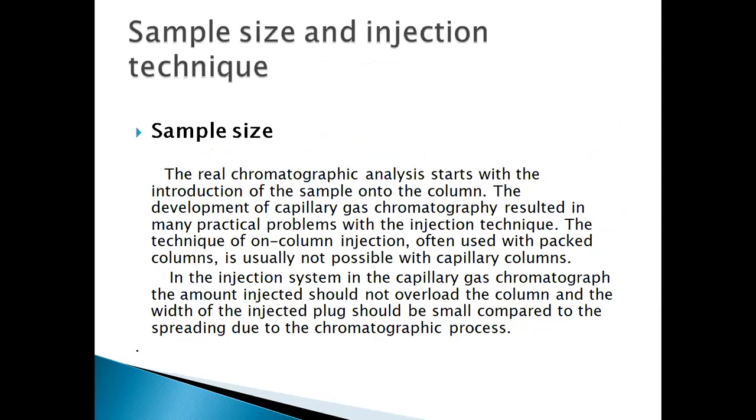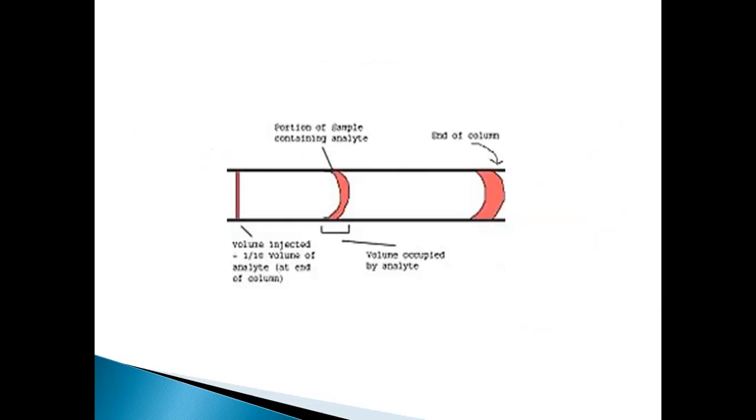The development of capillary gas chromatography resulted in many practical problems with the injection technique. The technique of on-column injection, often used with packed columns, is usually not possible with capillary columns. Here is the tube of injection, portion of sample containing analyte, end of a column, volume occupied by analyte.